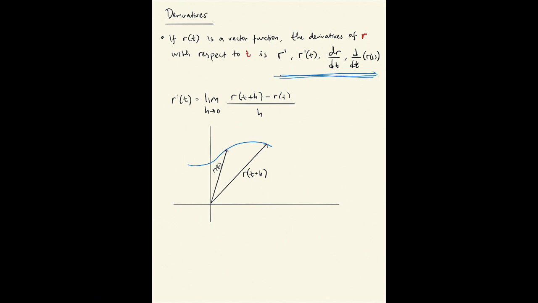So you have this gap between t plus h and t, right? The gap, we call this the secant line, if you still remember. And the derivative is here.